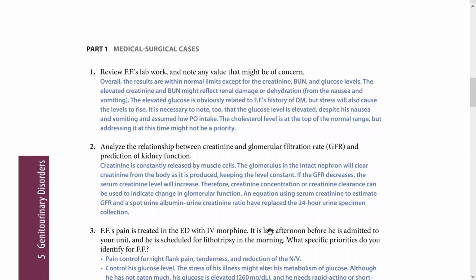What kind of stone is a staghorn stone? Is that a calcium oxalate stone? Is that a uric acid stone? Is it a cystine, a struvite? What kind of stone is that? Correct, Jessica. It's a struvite stone.